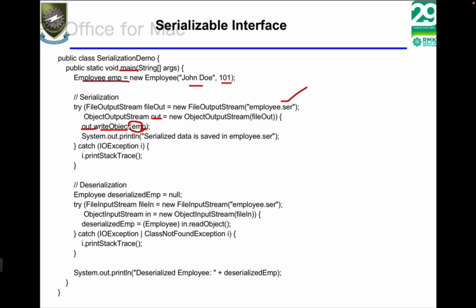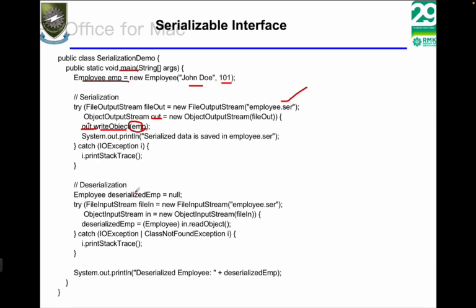The method used for serialization is writeObject, which helps you convert these objects. Emp is an object of the Employee class here; it converts the object and passes it into the ObjectOutputStream. So the ObjectOutputStream contains the serialized values of the data. If any exceptions occur, I will put it in a try-catch block to handle the exceptions.